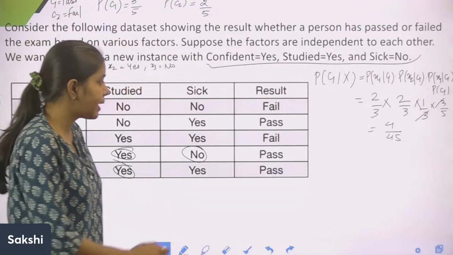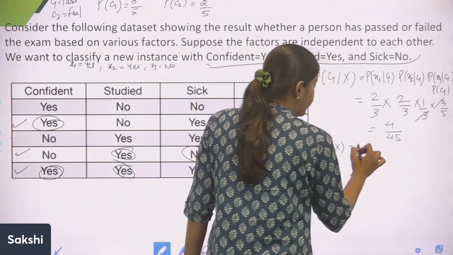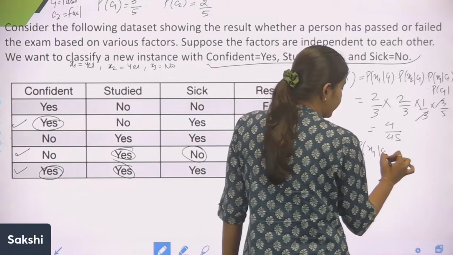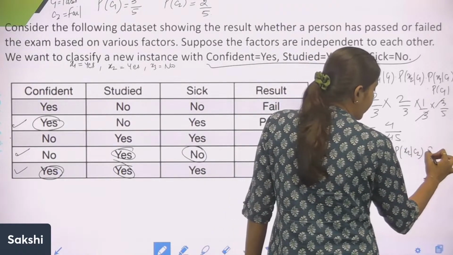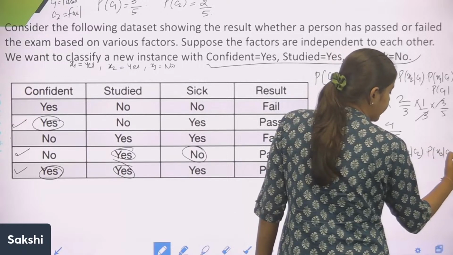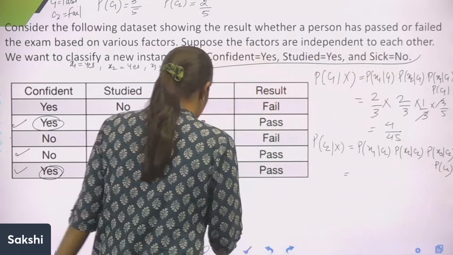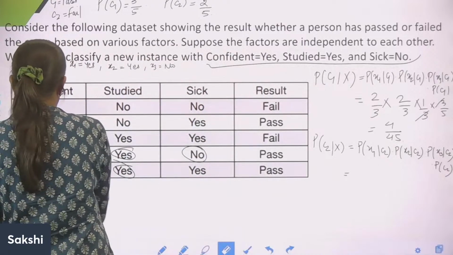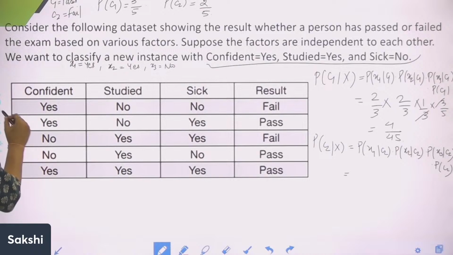Once we get this probability, I can find the probability of C2 given X. That would be probability of X1 given C2, into probability of X2 given C2, into probability of X3 given C2, into probability of C2. Now let's talk about class C2. That means this example and this example, these 2 examples I can take.